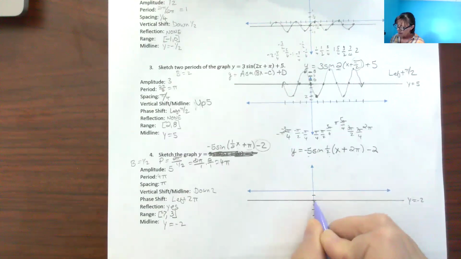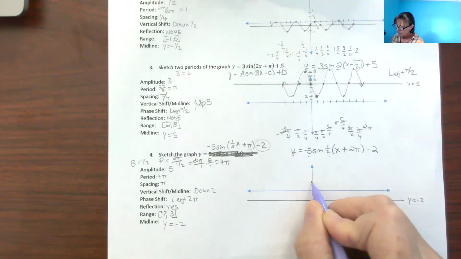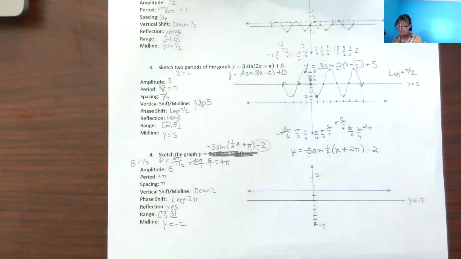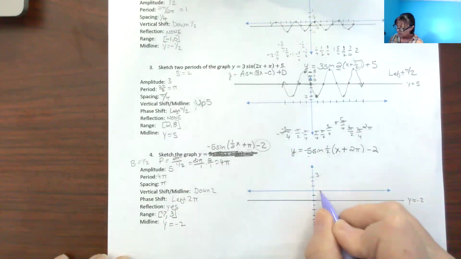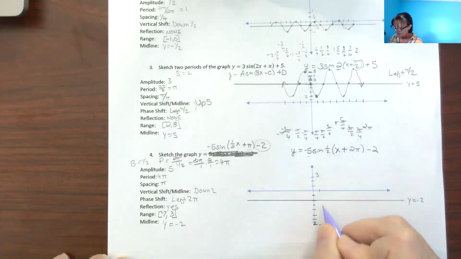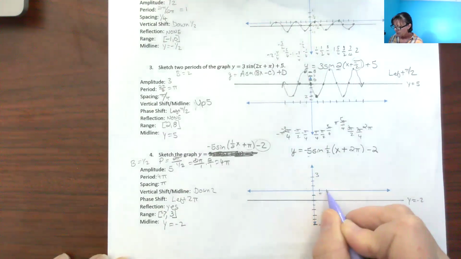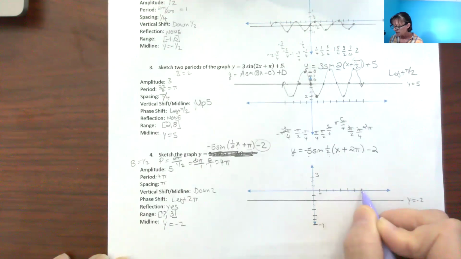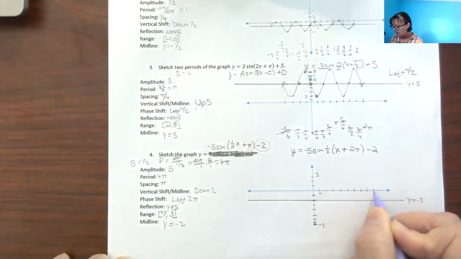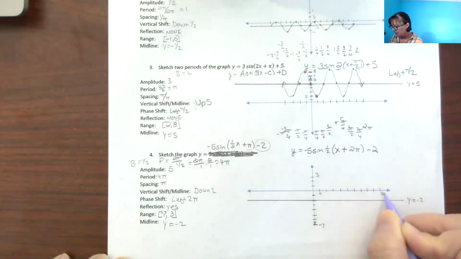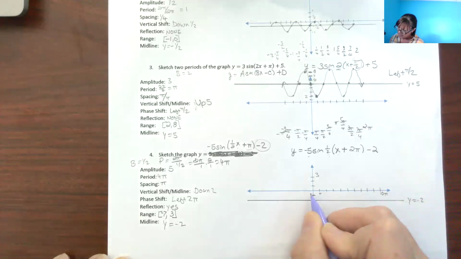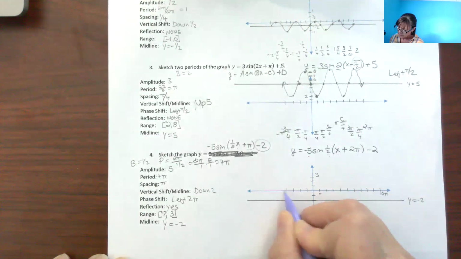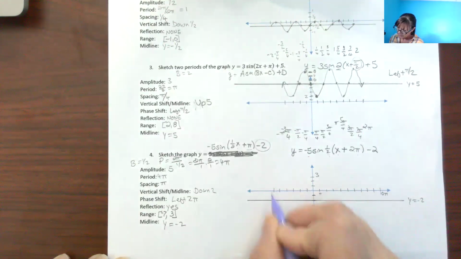Then let's go up 5. 1, 2, 3, 4, 5. This is a 3. Let's cut up our x-axis in pi. So this is pi, 2 pi, 3 pi, 4 pi, 5, 6, 7, 8, 9, 10. I just decided to go that far, 10 pi. This is going to be -1, -2, -3, -4, -5, -6.